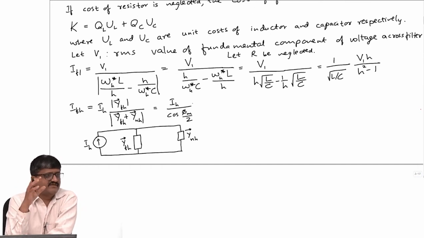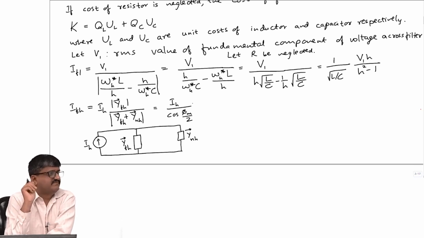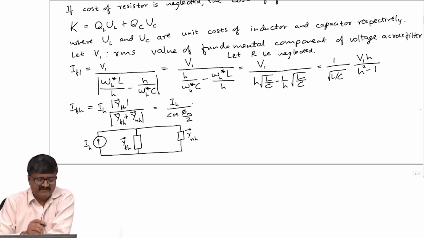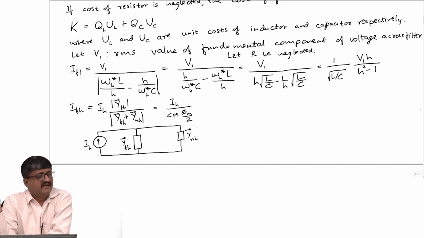So IH is a constant which is known, phi m is a constant which is given. So IFH is a constant. Please note, when you look at the expression for IF1, V1 is a constant, h is a constant, because V1 is the RMS value of the fundamental component of the voltage, and h is also a constant.